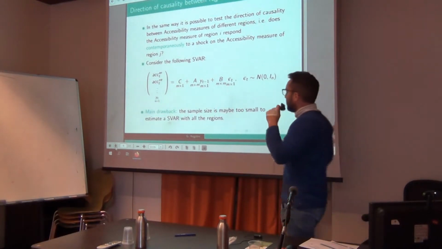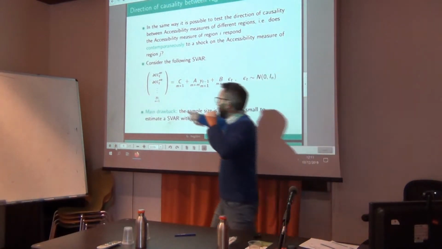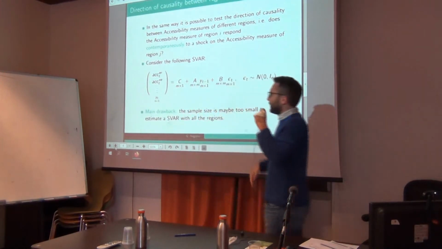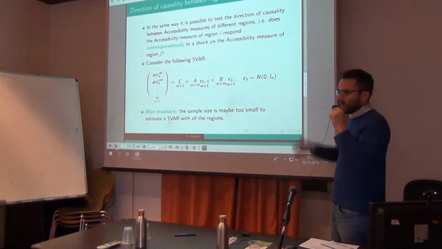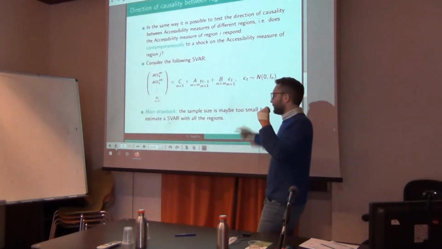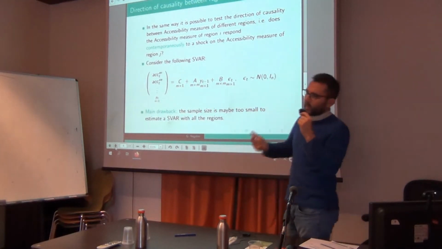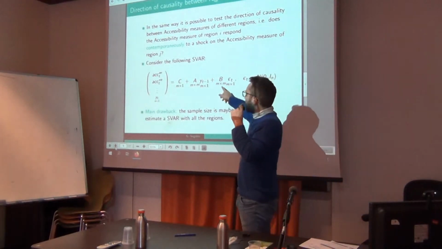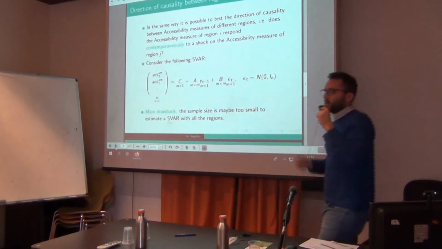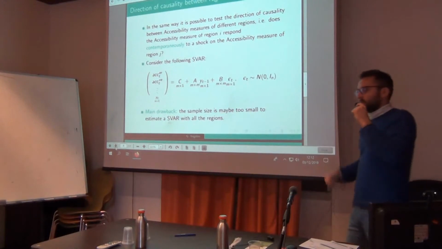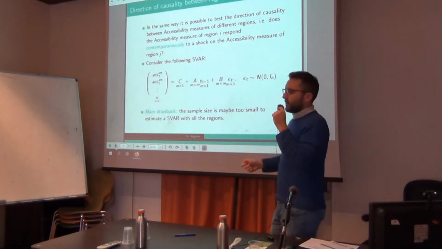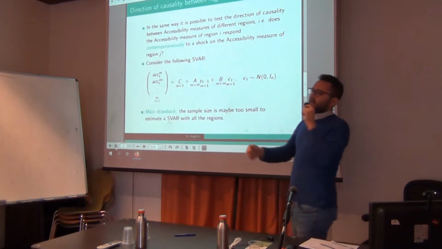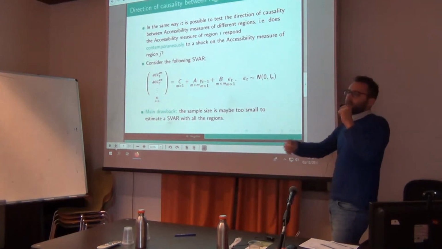So maybe the sample size is too small if you want this endogenous vector with all the regions. We have 20 regions and 20 years, so maybe we cannot estimate something like that. But the idea is the same. We want to estimate these matrices as full as possible in order to evaluate if a shock on the accessibility measure of Emilia-Romagna affects the accessibility measure of Veneto and so on.